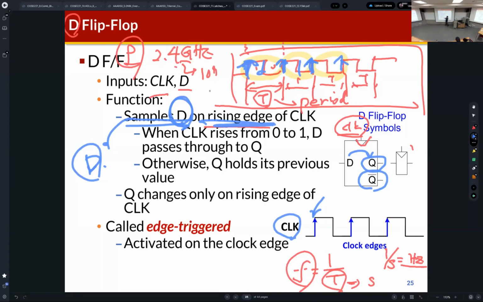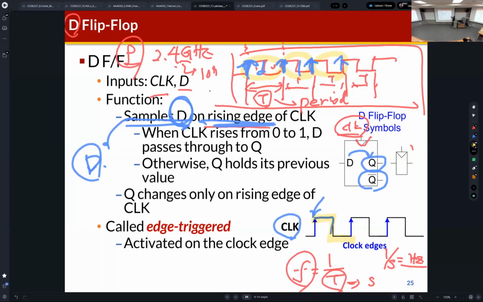So we define the behavior at this point, right? The behavior of the D flip-flop at this point. Otherwise, for other cases like these, it works like a memory.